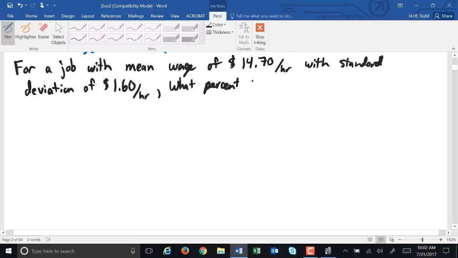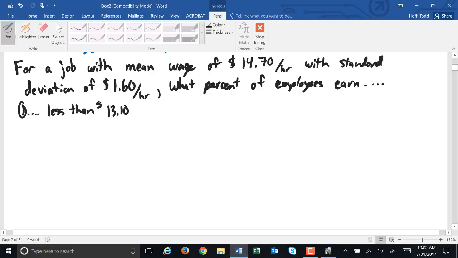What percent of employees earn less than $13.10 an hour?